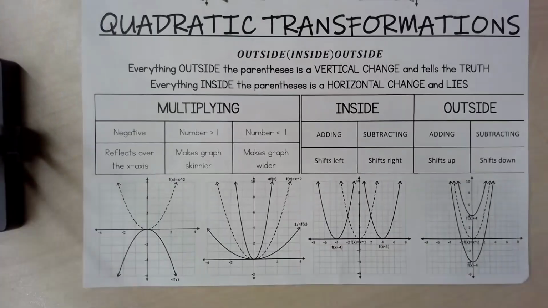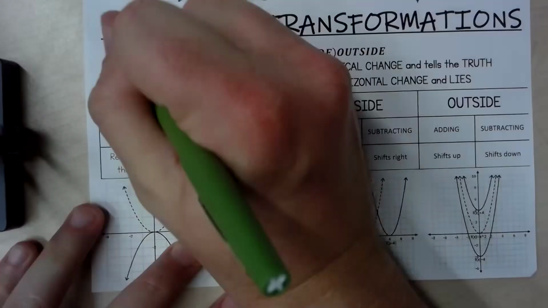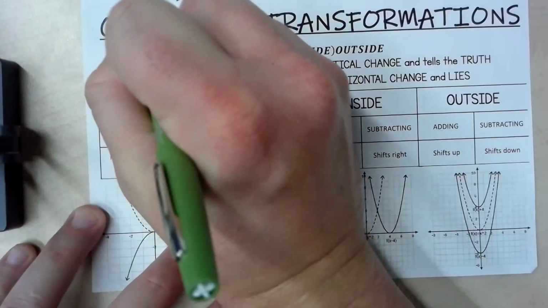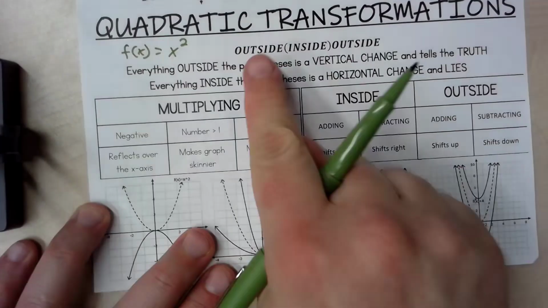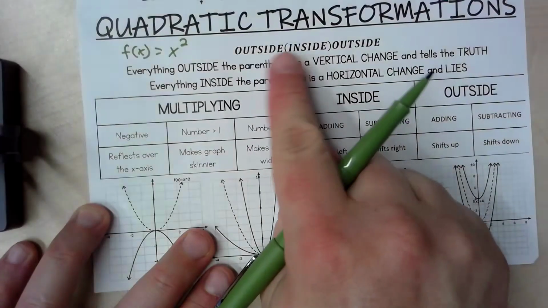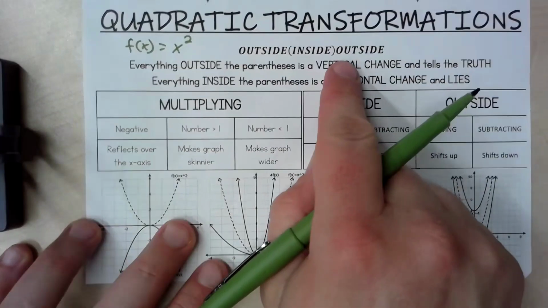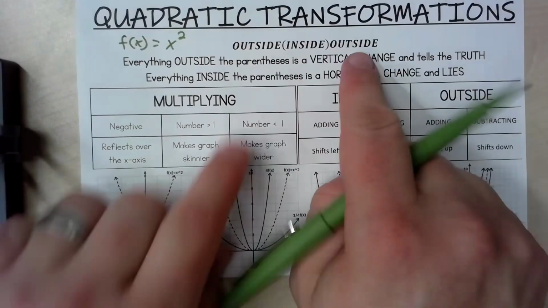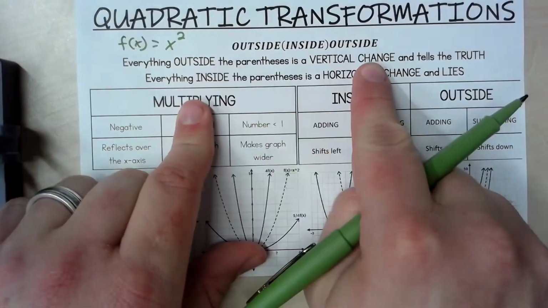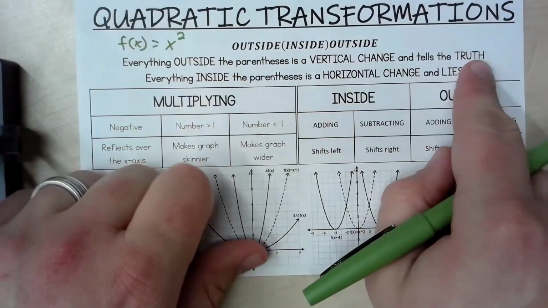All right, so now we're going to talk about quadratic transformations. Well, quadratics, there's a little more to it. All right, so we got these parentheses. Our parent function is f of x equals x squared. I can affect stuff inside parentheses or outside the parentheses. Everything on the outside is a vertical change, and it tells the truth.